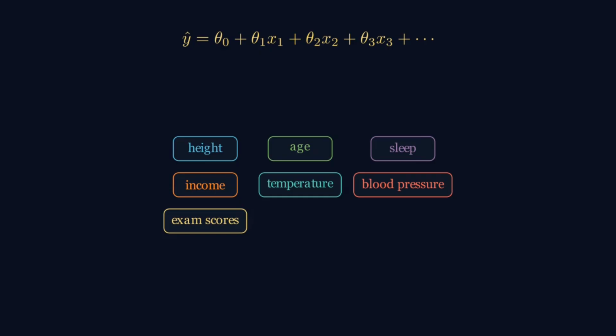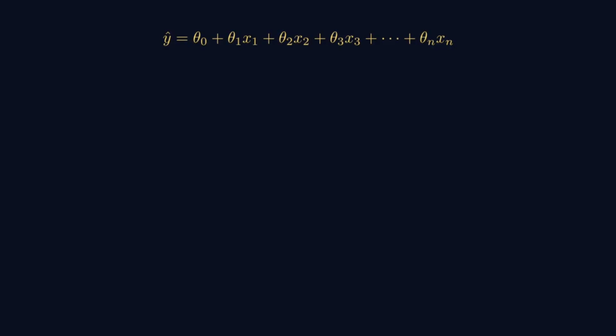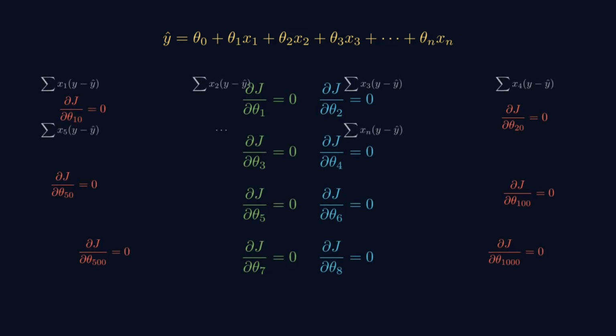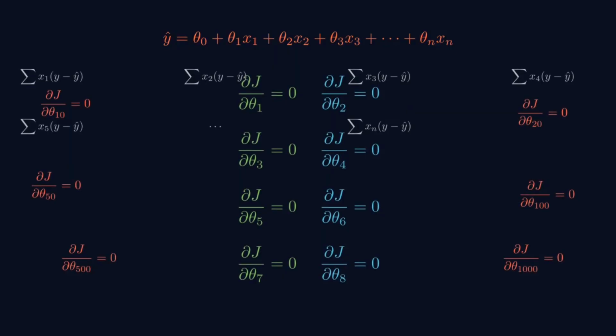And here's the problem. Our beautiful derivation starts to become a nightmare. Now we're taking derivatives with respect to theta 1, theta 2, theta 3, theta 4, theta 5. Every new feature means another derivative, another equation, another unknown, more algebra, and more bookkeeping.